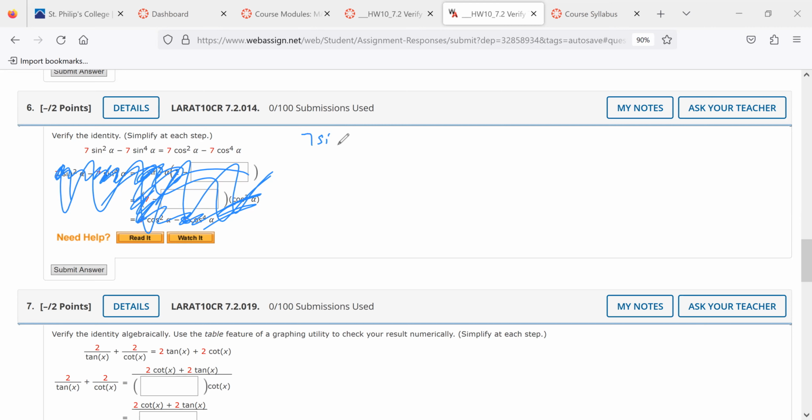How do I get to cosine? So what would you guys try? The Pythagorean identity of sine. So 1 minus sine squared. Yeah, we could do that. Although, do you guys see anything in common with this before we do the Pythagorean?